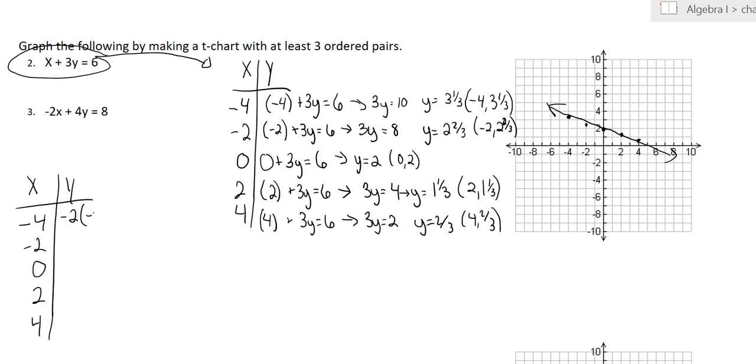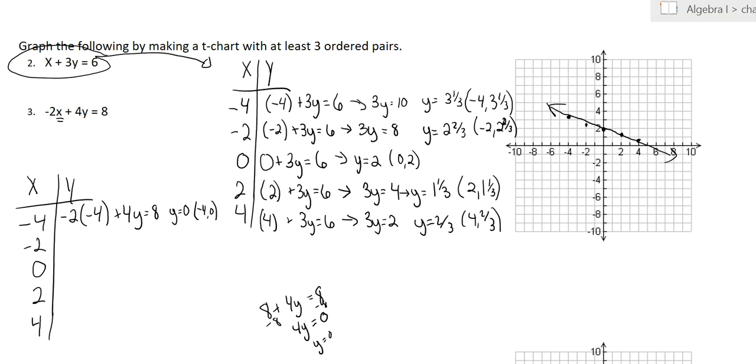So -2, and again, I'm replacing the x right here, and I'm solving for y. I'm going to do this on the side over here. So -2 times -4 is 8, plus 4y equals 8. 4y equals 0 if I subtract 8 on both sides. And so y equals 0.